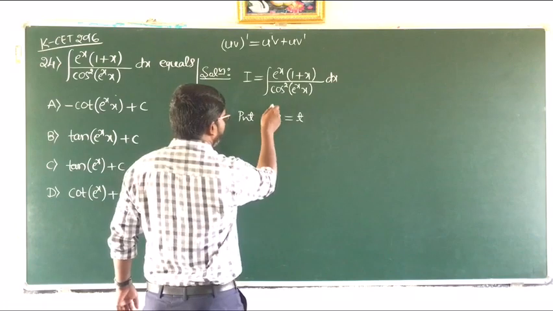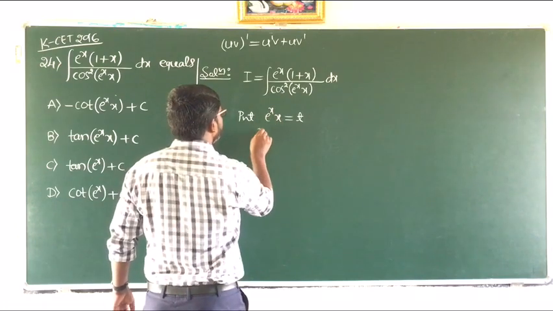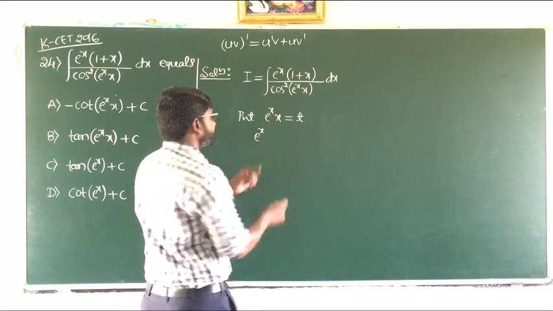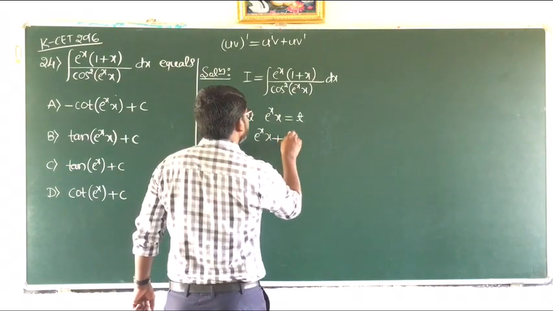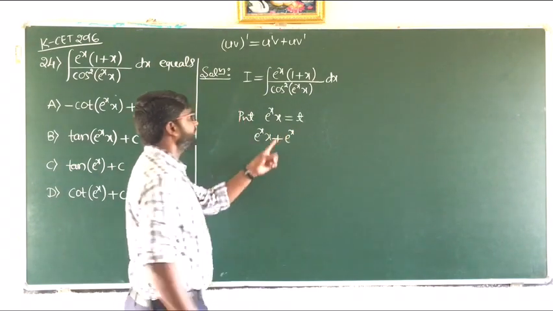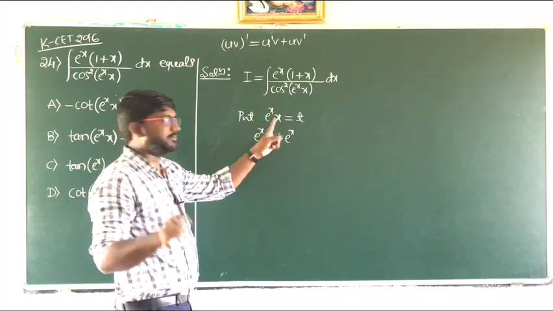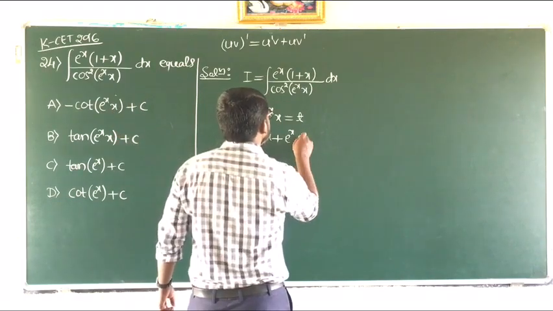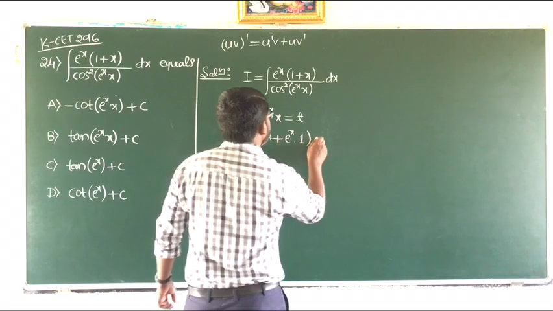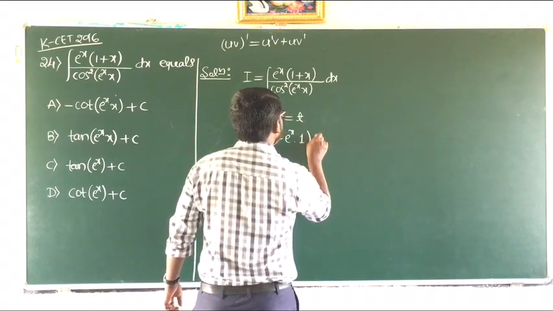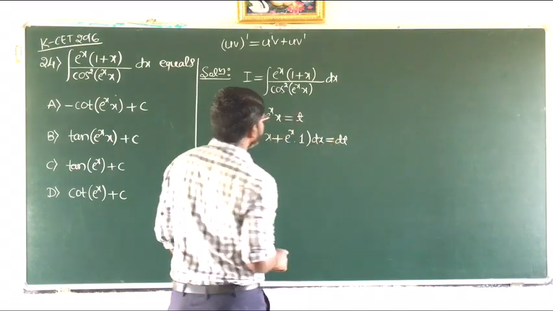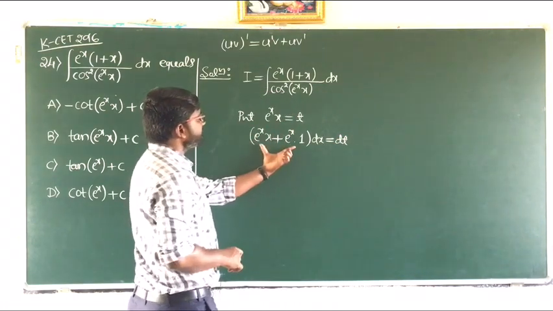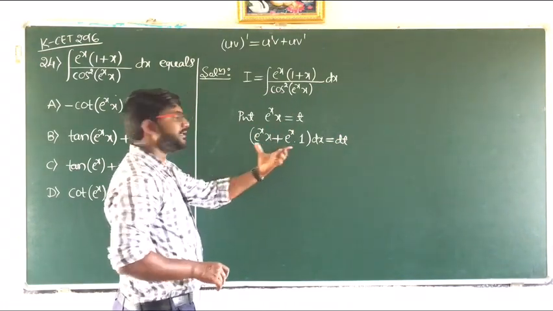So now derivative of the first function, that is e raised to x. Write the second function as it is plus. Now write the first function as it is. Take the derivative of the second function. Derivative of x will be 1, which is equal to, or dx, which is equals to dt. So here in both the terms we have e raised to x as a common term.